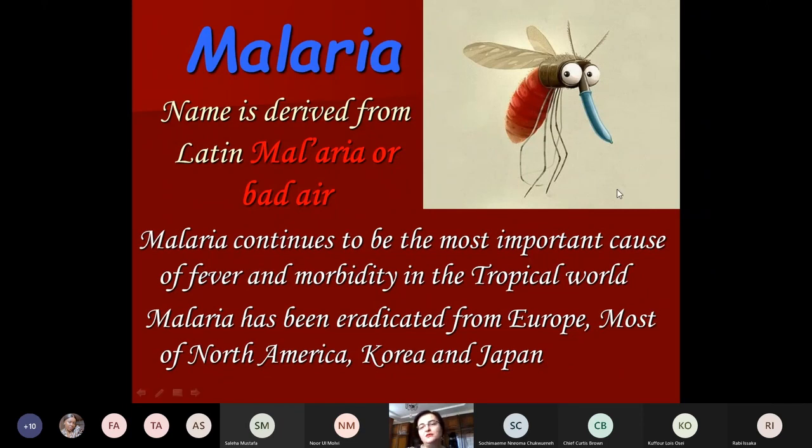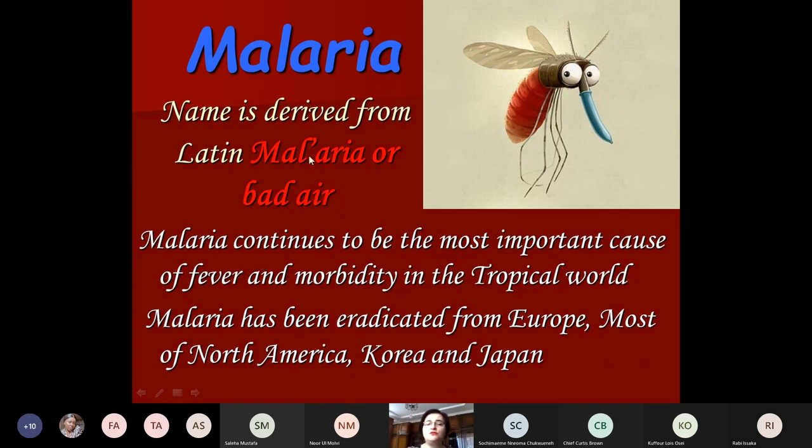Yes, exactly tropical, because an Anopheles mosquito can live just in such regions where the average temperature is higher than 16, not lower. Just one plasmodium can live at a lower temperature.